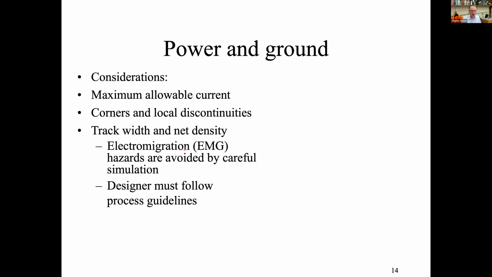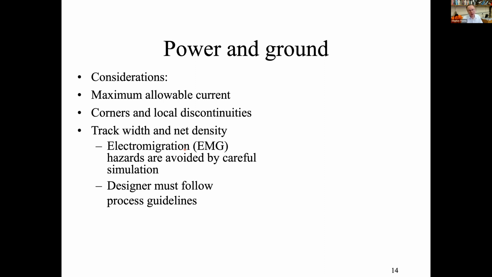Corners and local discontinuities. So there's one thing having a nice straight bit of wire. Of course, when you go around a corner, in detail, it behaves slightly differently, and you can get hotspots, especially when a power line changes level.